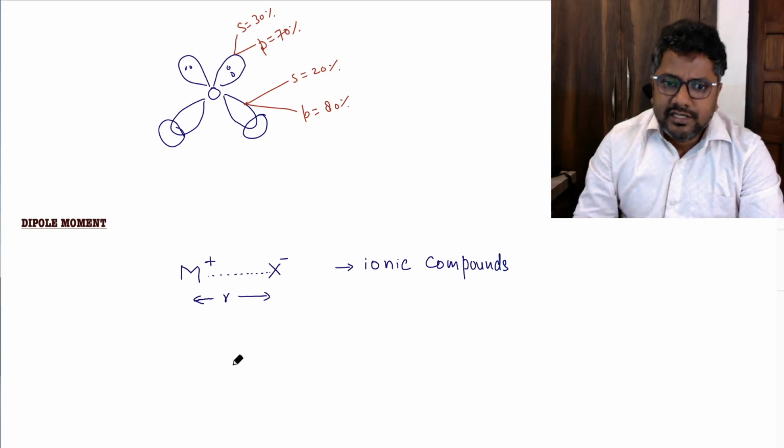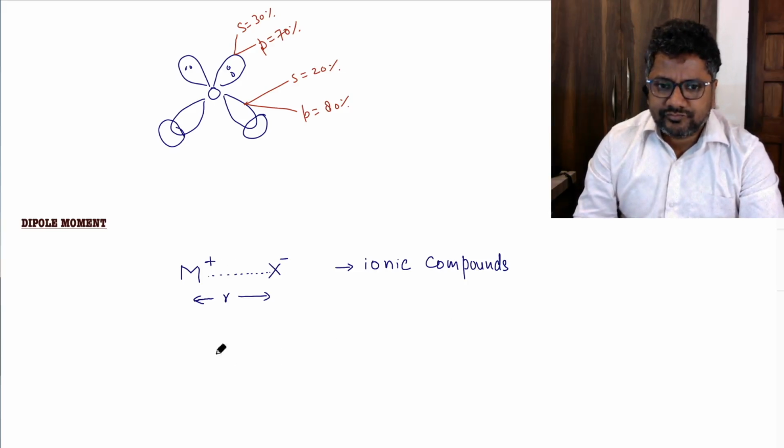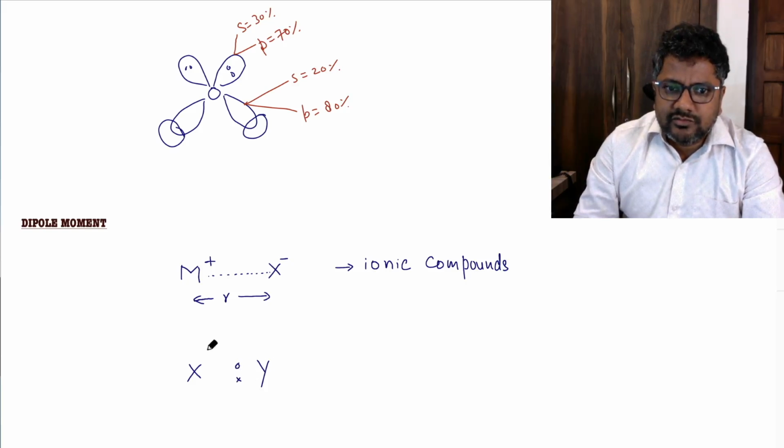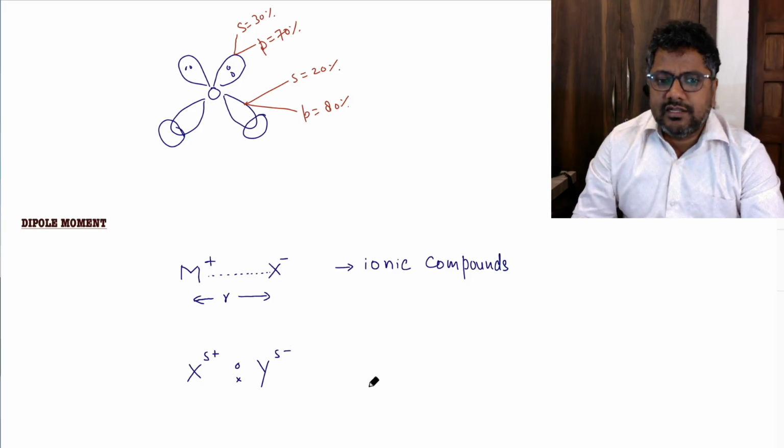Ionic compound. The second category is where we take some X and Y type of covalent compound, but this time the electron pair is shifted towards Y. So when it is shifted, here there is no complete charge, but a partial charge, delta positive and delta negative.